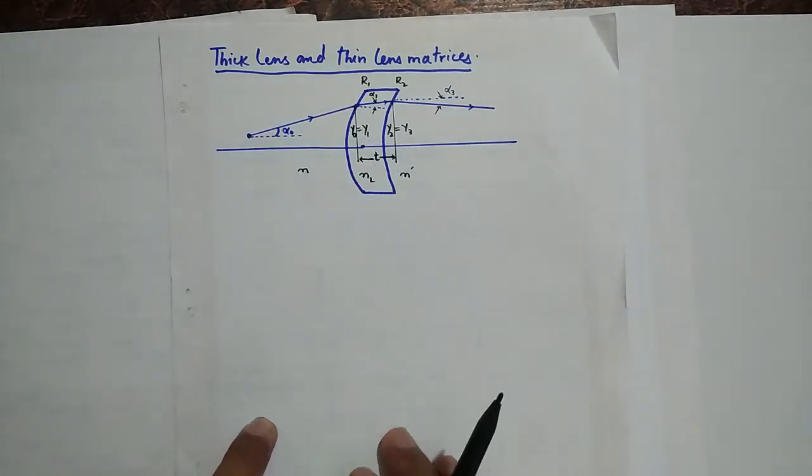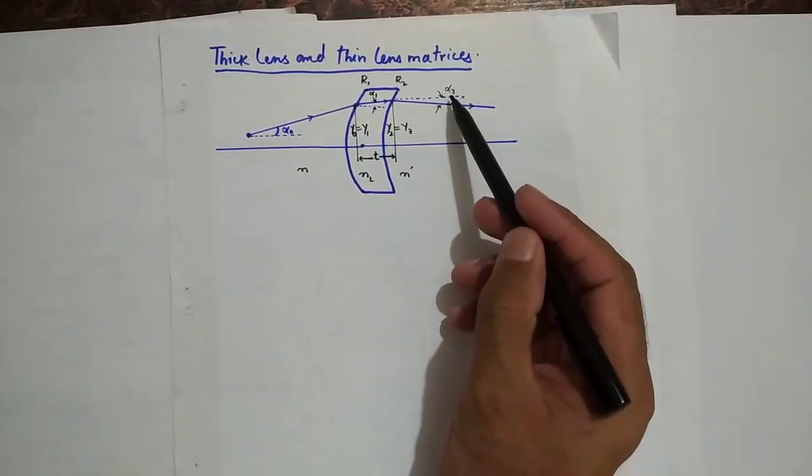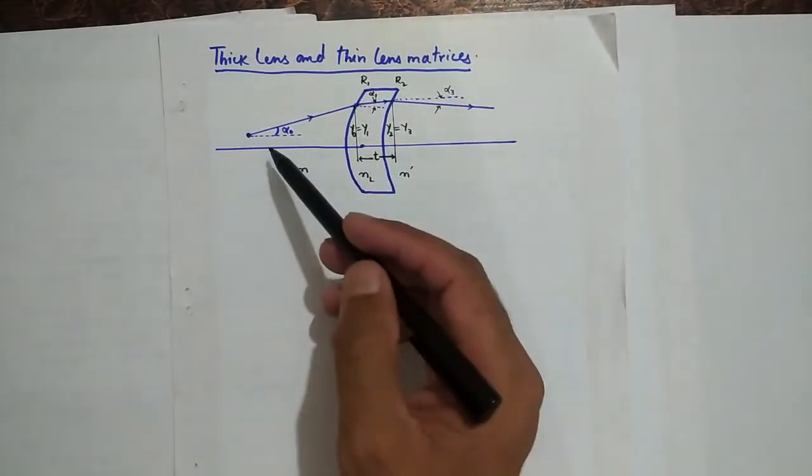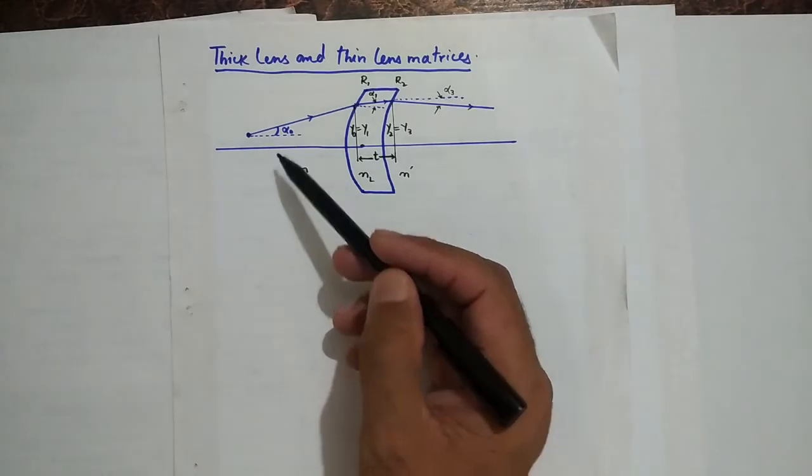So our job in this topic is to find a matrix which gives us the final coordinates y3 and alpha 3 in terms of the initial coordinates, which are y0 and alpha 0.